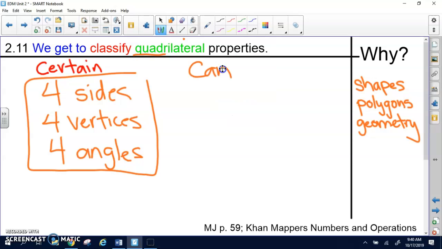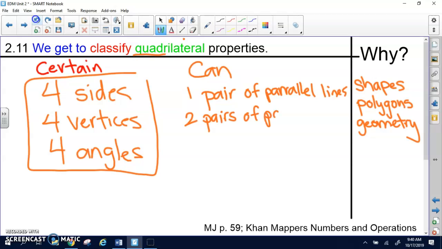So it can have 2 parallel lines. We call that a pair, right? Actually, I'm going to change this. It can have a pair of parallel lines. It can have 2 pairs of parallel lines as well.